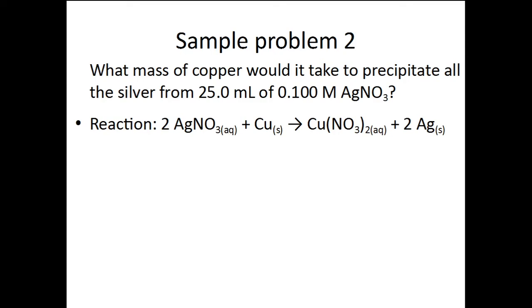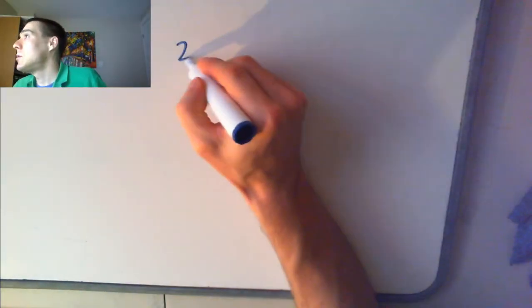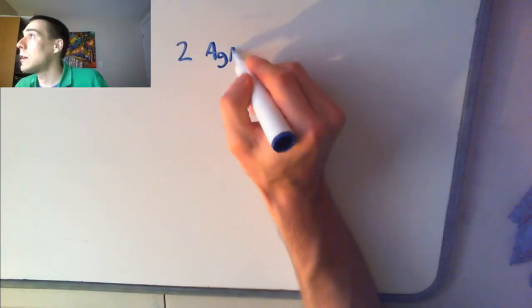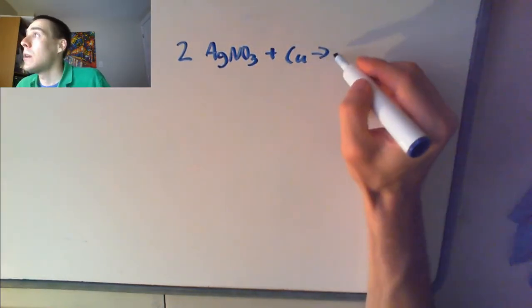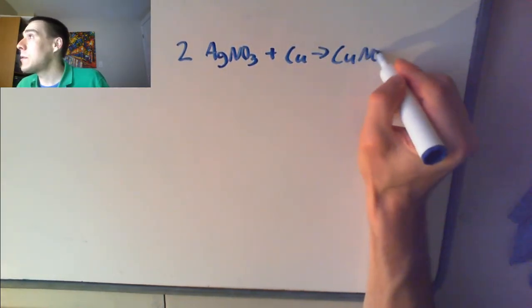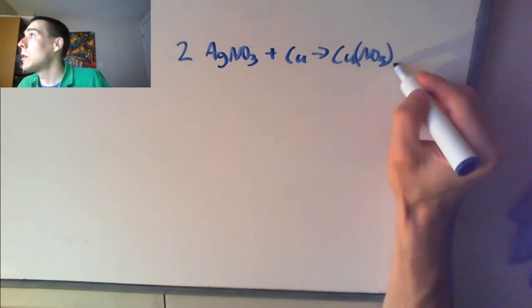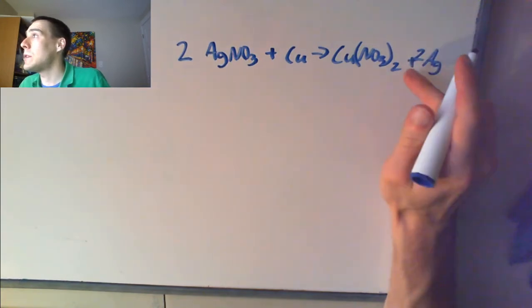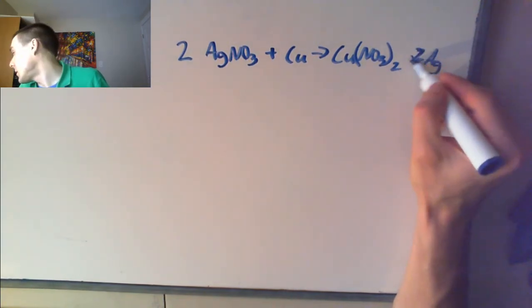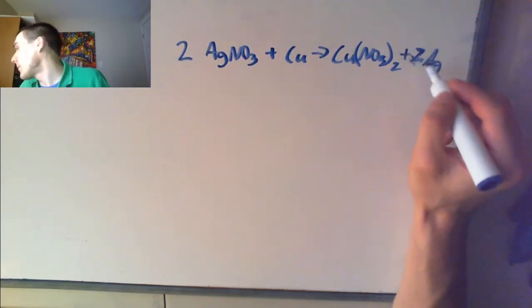Our reaction is, we have 2 AgNO3 plus Cu becoming Cu(NO3)2 plus 2 Ag.